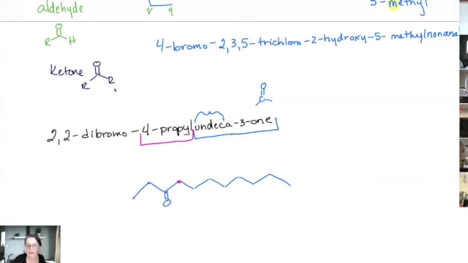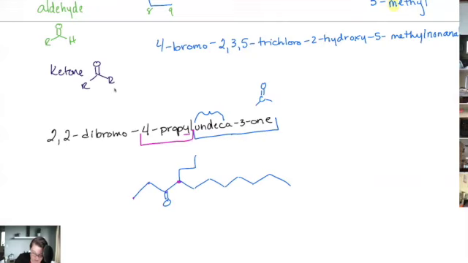Prop tells me how many carbons? 3. So attached here, I'm going to draw 1, 2, 3. It doesn't necessarily have to look like that. It can be going the opposite direction. It could be making a U-turn. Doesn't really matter. Okay, we're done that one.